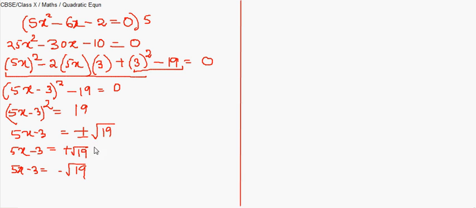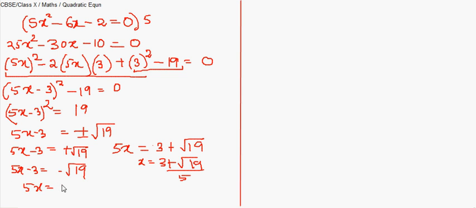So I can find this as 5x equals, I'll carry 3 to the right side, so that makes it 3 plus root 19, and x then becomes 3 plus root 19 by 5. And for the next one, it will be 5x equals 3 minus root 19, thereby making x as 3 minus root 19 by 5.